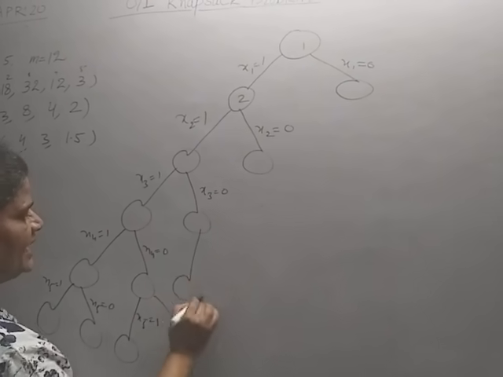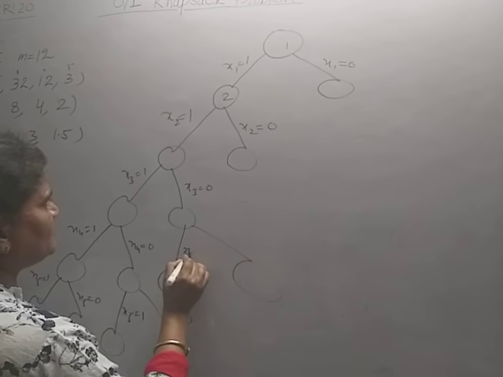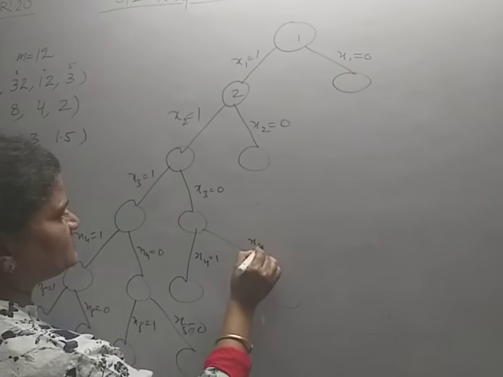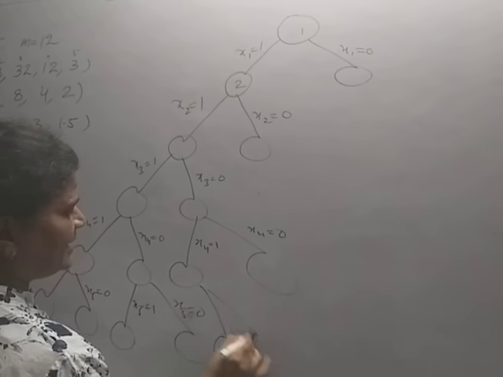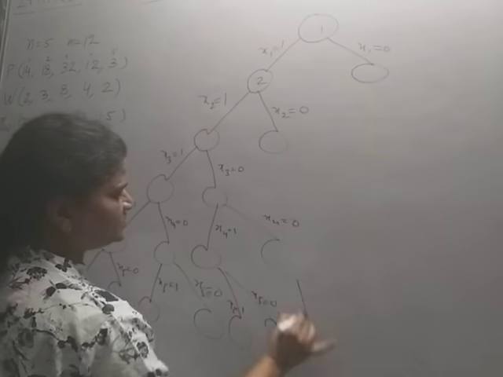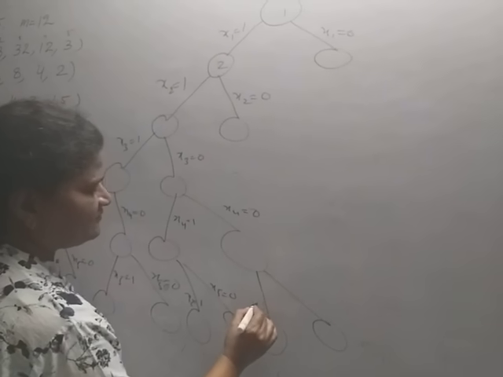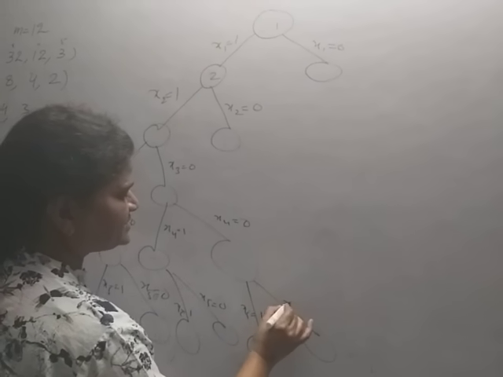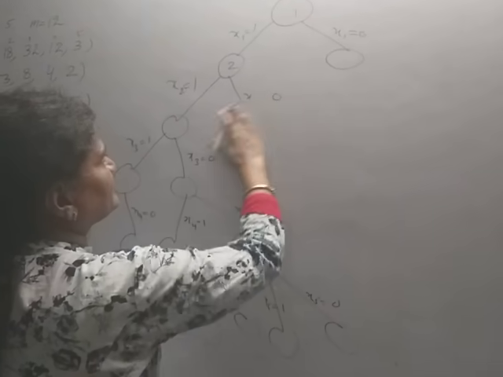Okay. And here again x4 equal to 1, x4 equal to 0, x5 equal to 1, x5 equal to 0.